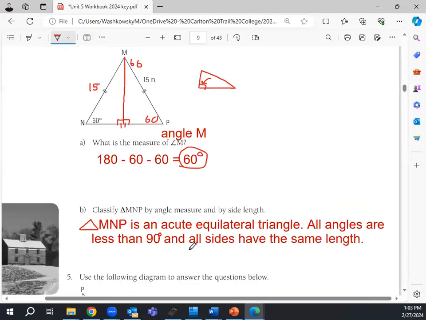You can condense that information quite a bit. You could even condense this further if we wanted. We could just say all the sides and all the angles are the same because it's equilateral.